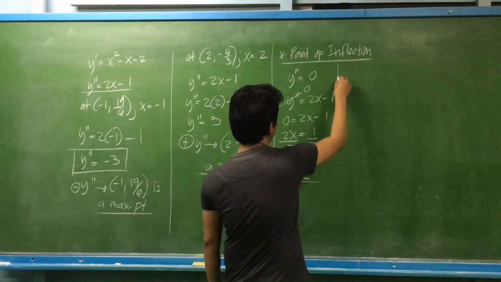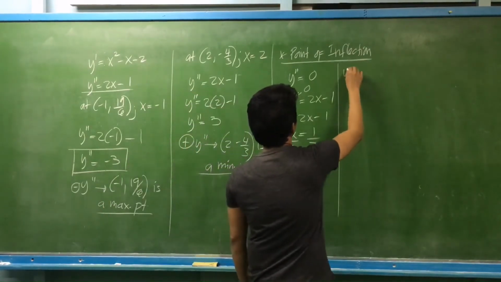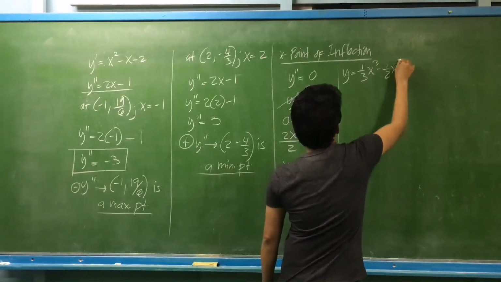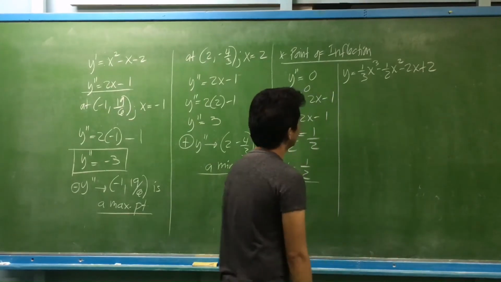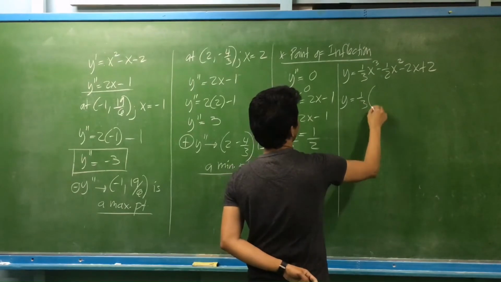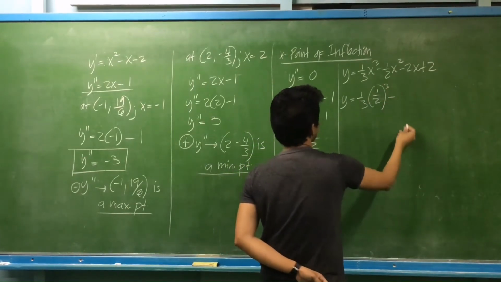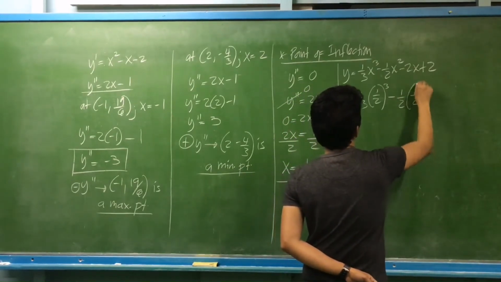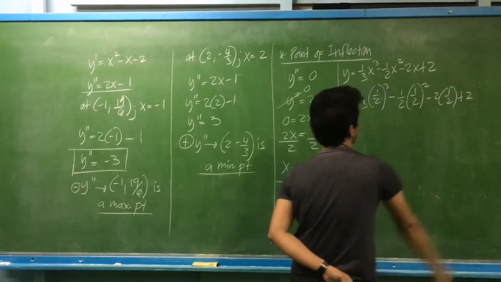Then balikan lang natin yung original equation. That is, we have y is equal to 1 over 3 x raised to 3 minus 1 half x squared minus 2x plus 2. So we have y is now equal to 1 over 3 multiplied by 1 over 2 cubed minus 1 half times 1 half squared minus twice of 1 half plus 2.